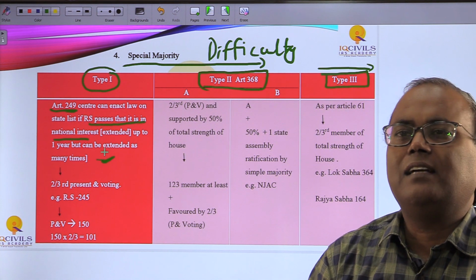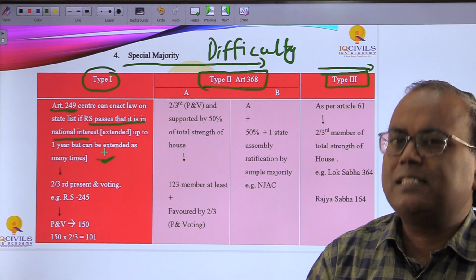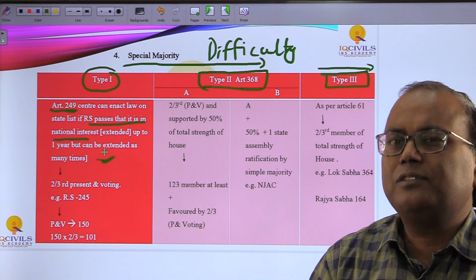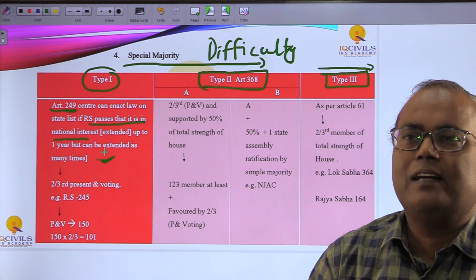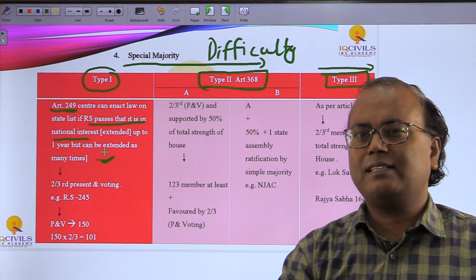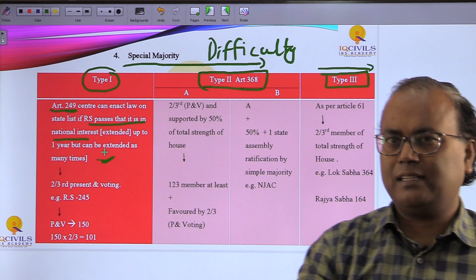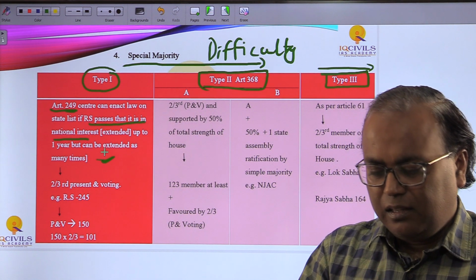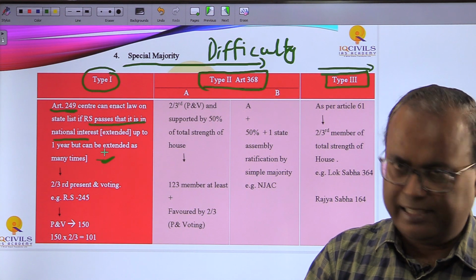But as far as the state list is concerned, in a general situation, the state legislature has the power to enact law on those subjects like agriculture. And there is another list also, the concurrent list. On the subject given under the concurrent list, both state and Parliament can enact law.